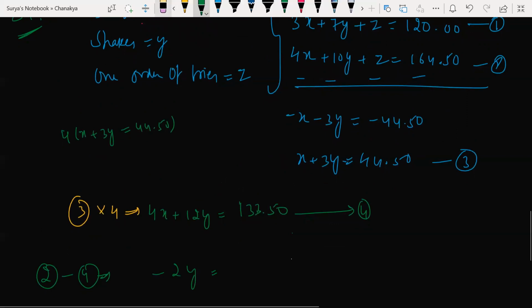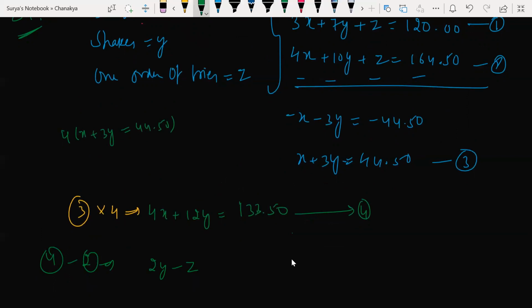Minus 2y minus z. Or else we'll do one thing. Let us do 4 minus 2 without any tension. 4 minus 2 will do 4x. 4x will get cancelled. 12y minus 2y minus z is equal to how much you get? 164.50 and 133.50.